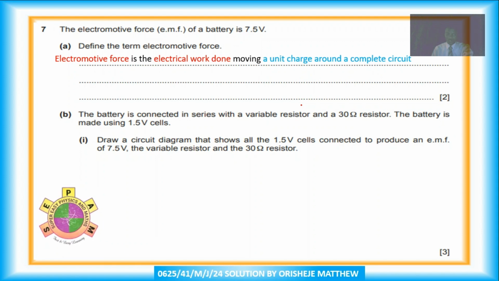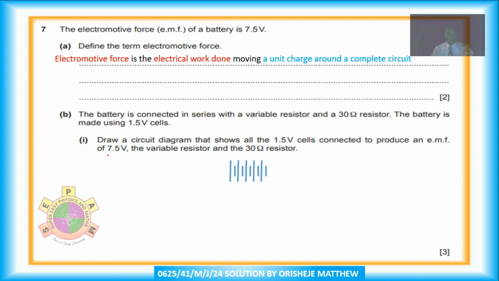Now, the basic thing you should know is that a battery is a combination of cells. So how many cells are there? You have 5 cells. The long slash represents the positive terminal, while the shorter slash represents the negative terminal. So you have 5 of them connected together. How do you know that it's 5?